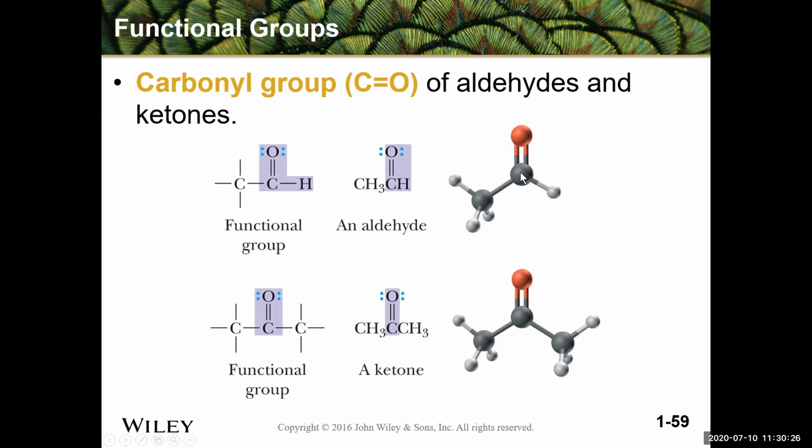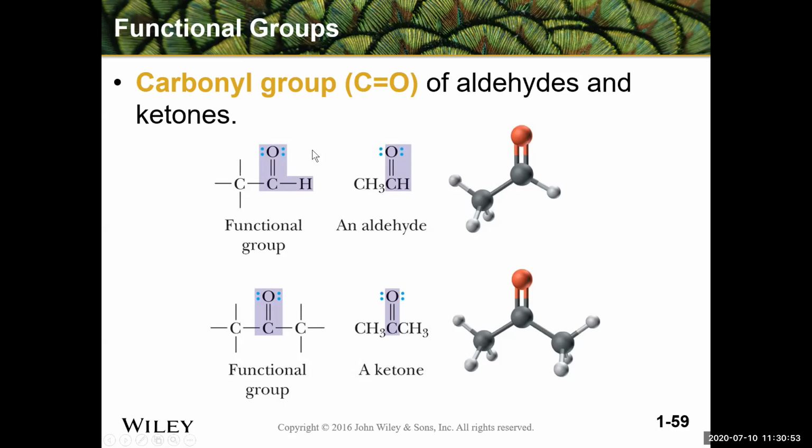This carbon is sp2 hybridized. This oxygen, of course, only forms one bond to the carbon, so it's also part of this plane. And in addition, you have the two lone pairs. So you actually do have trigonal planar electron geometry on this carbonyl oxygen.